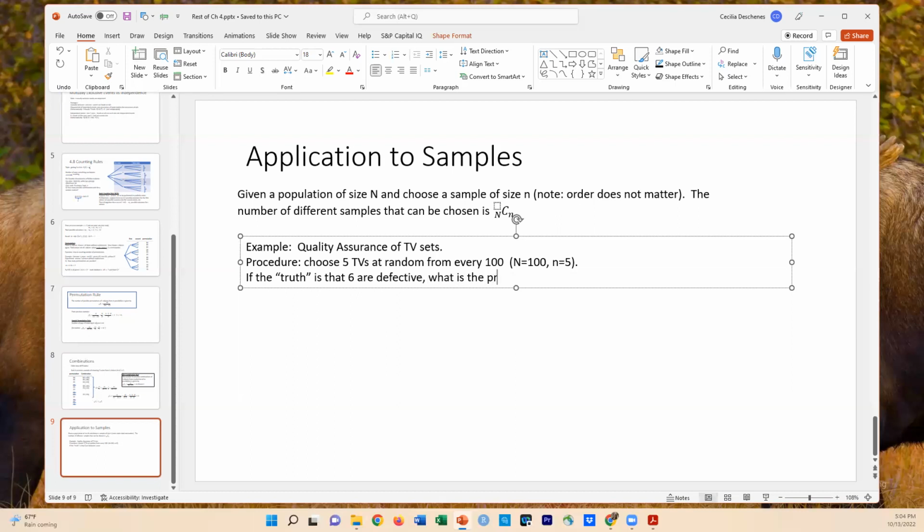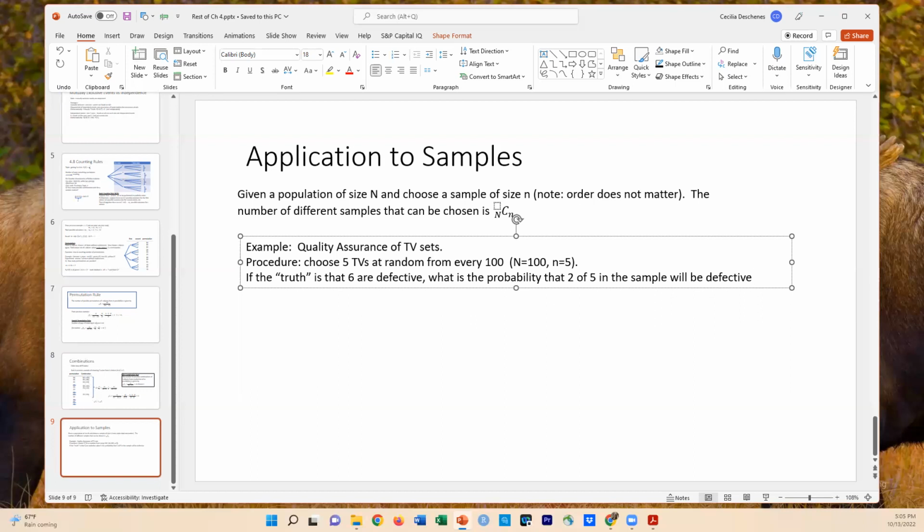What is the probability that 2 of the 5 in the sample will be defective? And why 2? Well, you could say at most 2. So this is what you would do: you would figure out what's the probability that there are 0, what's the probability that there's 1, and what's the probability that there are 2. But we're just going to do 2.